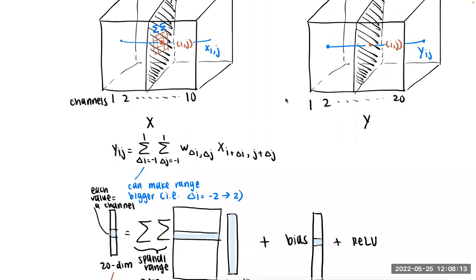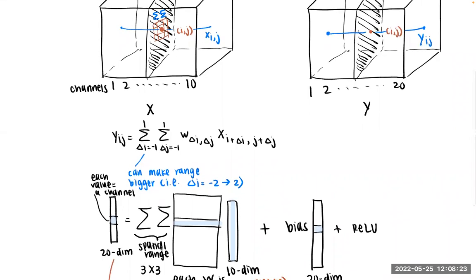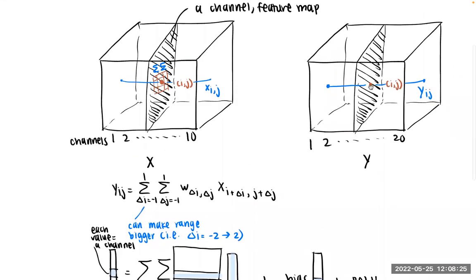So for each one, you have this 3 by 3 summation, so this number is a linear combination of these 3 by 3 numbers, plus a linear combination of the 3 by 3 numbers in another channel, and linear combinations of 3 by 3 numbers in yet another channel, and then you add up all the channels.